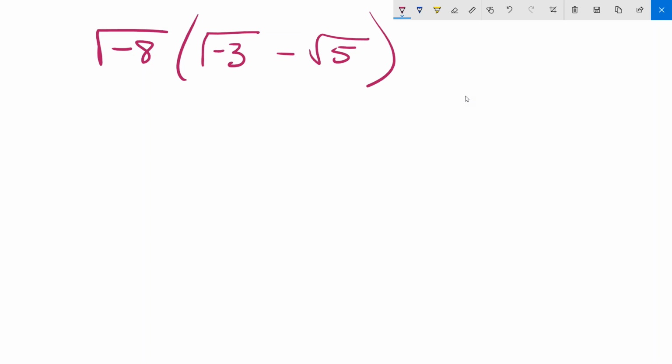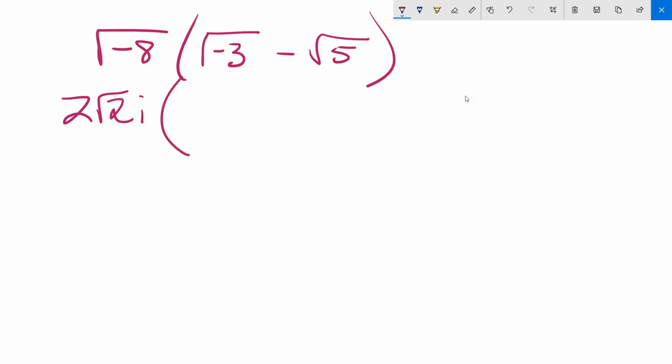It's the first thing we want to do. You change the 8 into 2 square root 2i. Yep. 2 root 2i.